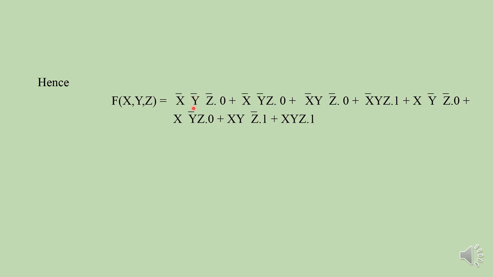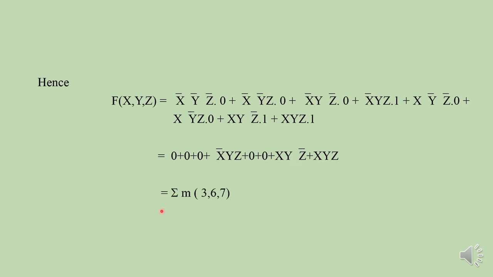So what do we get? This term is multiplied by 0, so we get 0. Next, this term is multiplied by 0, so we get 0, plus this term multiplied by 0 gives 0, plus this term multiplied by 1 gives x bar y z, plus the next two terms are also multiplied by 0, so we write 0 plus 0, plus x y z bar plus x y z.